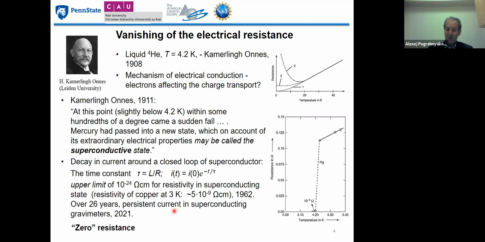And recent data from Belgium, where they were conducting gravimetric studies using superconducting gravimeters, show that the persistent current, as of July 2021, persisted for over 26 years. So this is one of the main properties of superconductors.